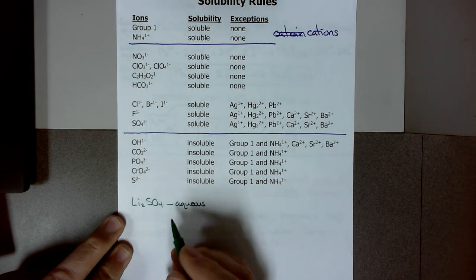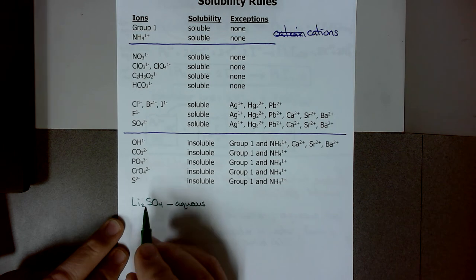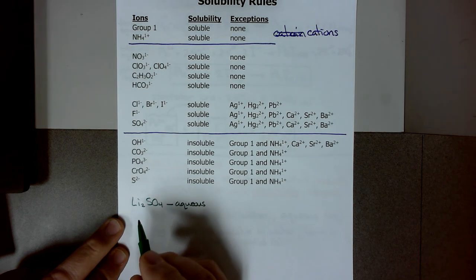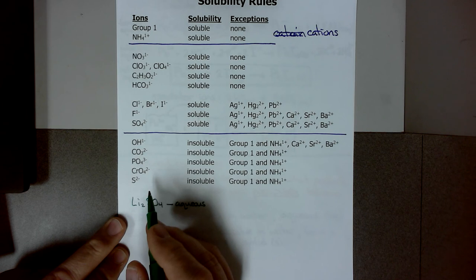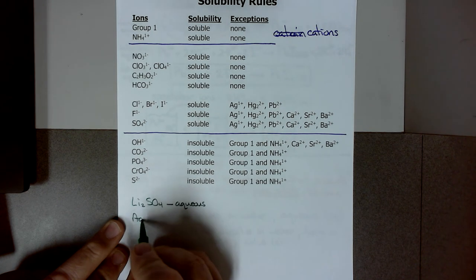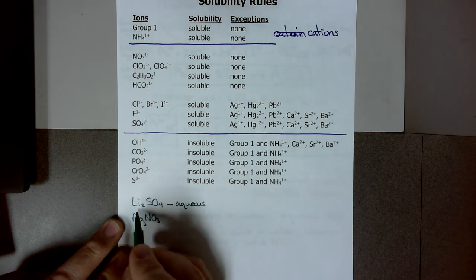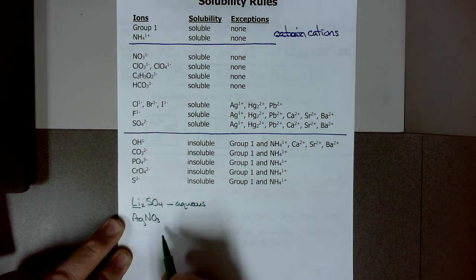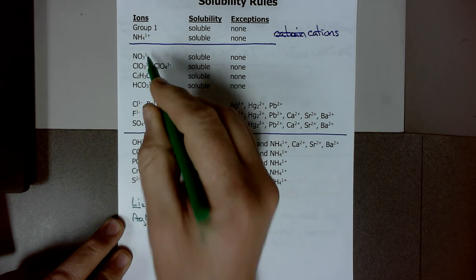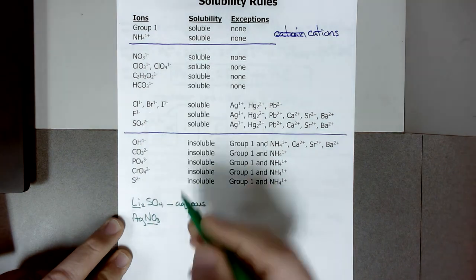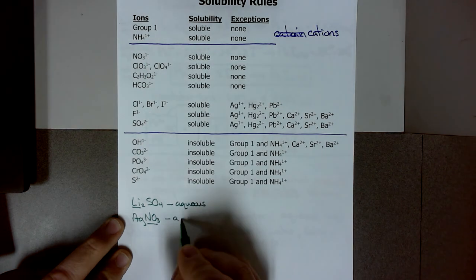Or let's say I have silver nitrate. I notice this anion, all nitrates are always soluble no matter what, so it's aqueous.